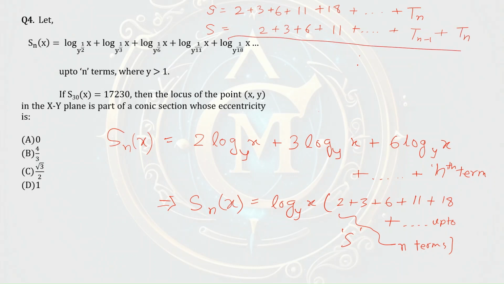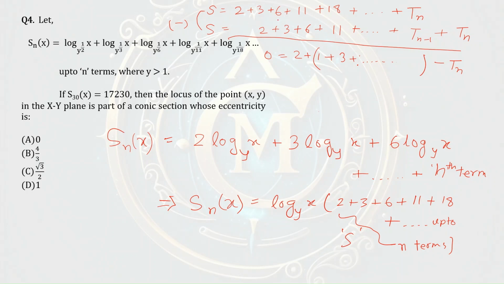So if we subtract these two, we will get in the left hand side equal to 0, then 2 plus 3 minus 2, so 1 plus 3 plus this will be 5 and this will be 7 and so on up to. So now see, here inside this bracket will be something, and then here it will be minus Tn.